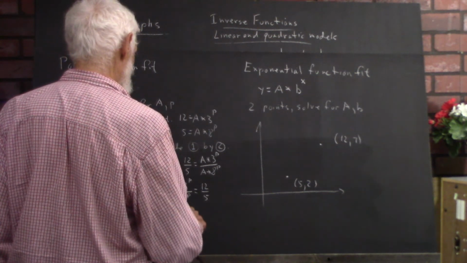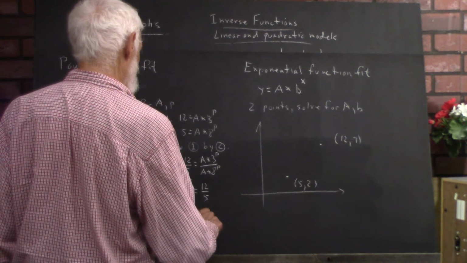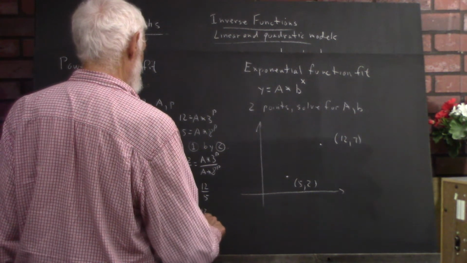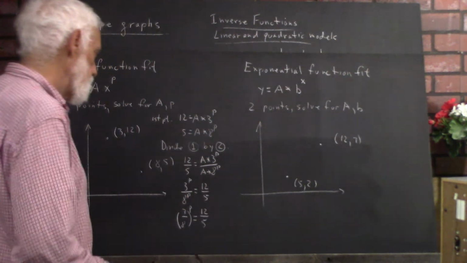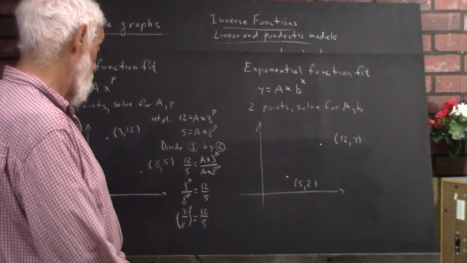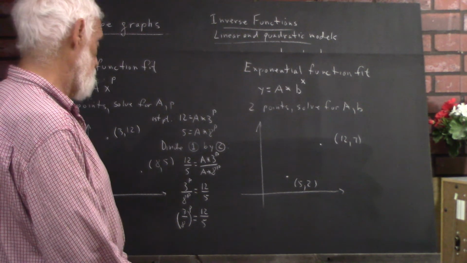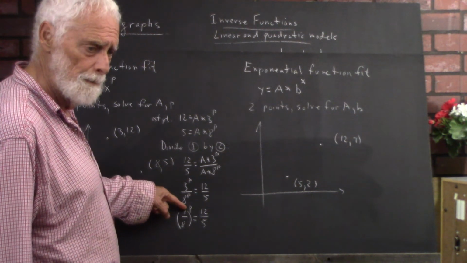That's just 3 over 8 to the p equals 12/5. Okay? Now you're stuck. Because unless you understand logarithms, you can't solve for p.